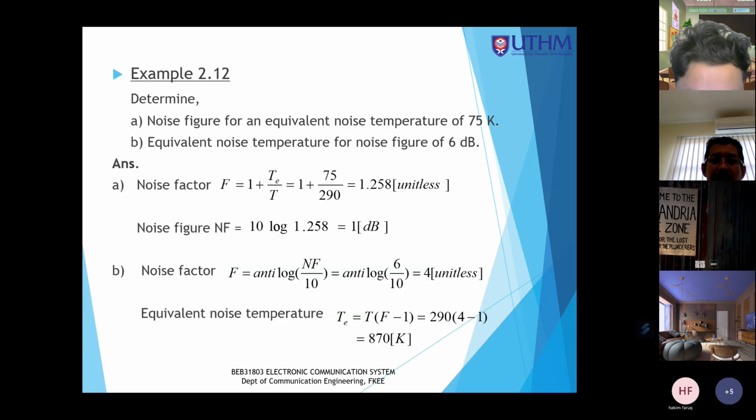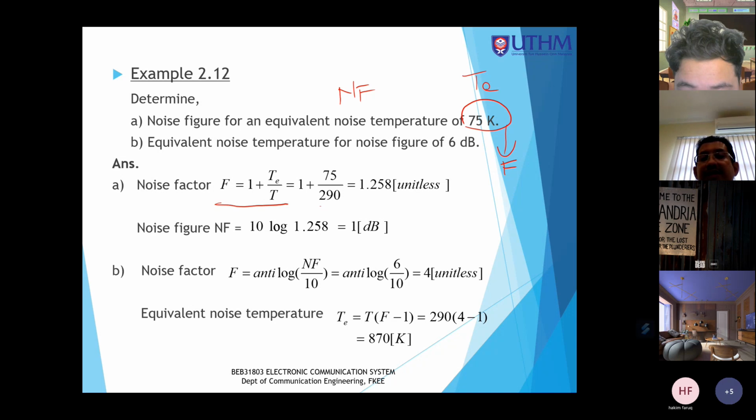Okay, so kita lihat macam mana contohnya. So determine the noise figure for an equivalent noise temperature of 75 Kelvin. So the question asks you to find the NF given the TE. Okay, so from here you can actually find the F value, noise factor. So noise factor is equal to 1 plus TE over T. So 1 plus 75 over 290 Kelvin.